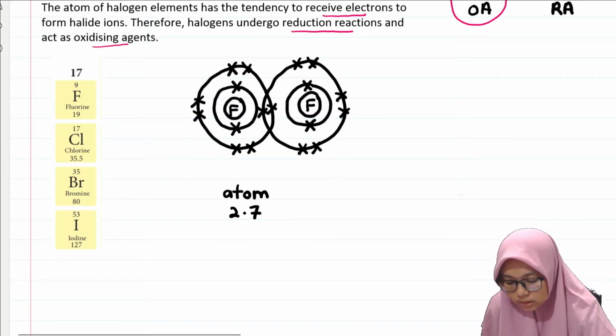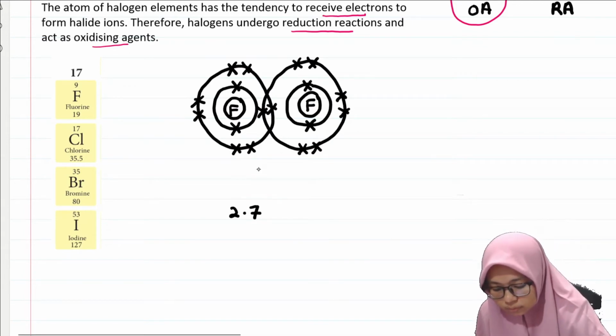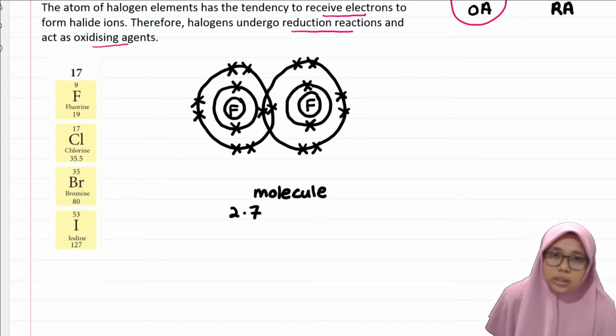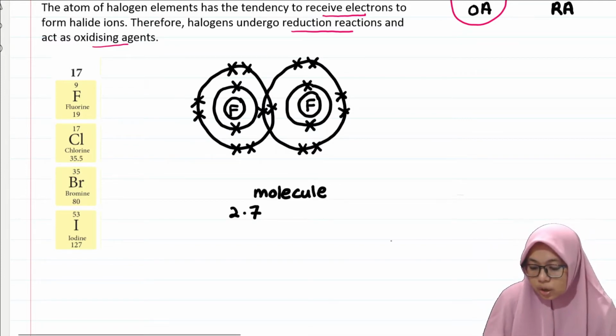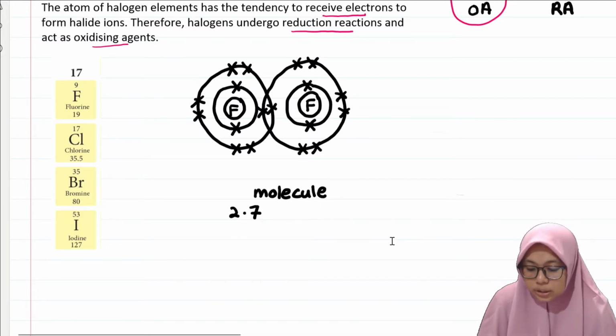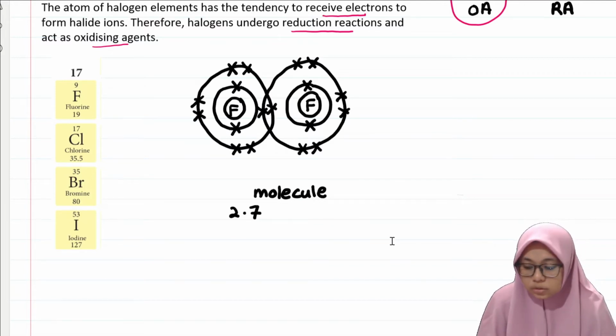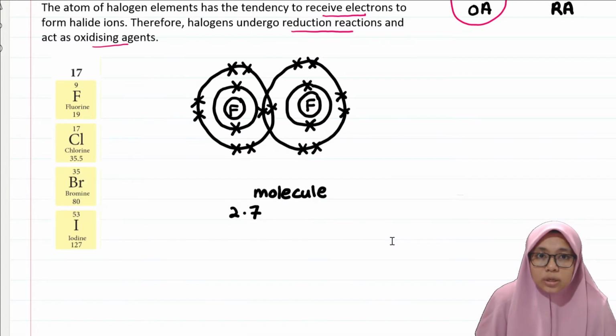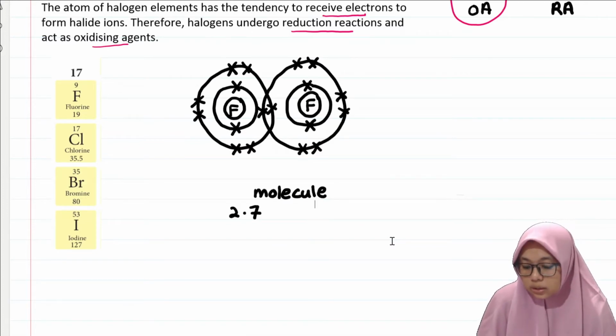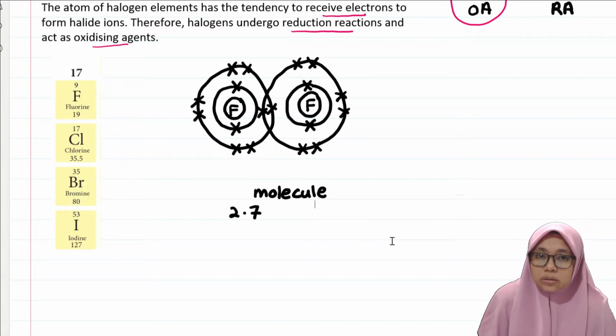So this changes from atom to molecule, a fluorine molecule, because you have 2 atoms now that share the valence electrons. So how many electrons does each atom share? They will share 1 electron each, forming a pair of electrons. This is called a single covalent bond.